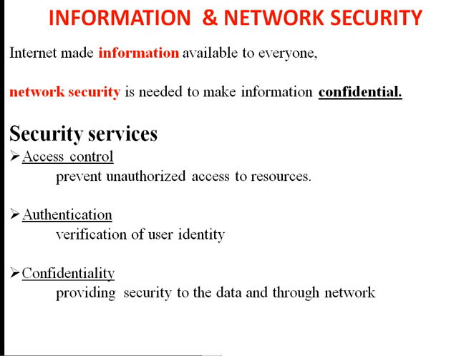After verifying, the server allows you to log in to your account. That is called verification. And confidentiality means providing security to our data through the network. These are all security services.